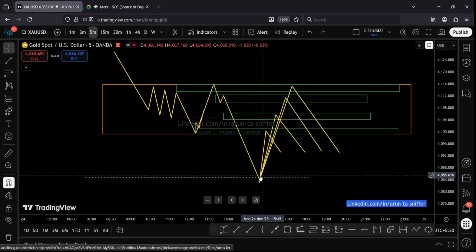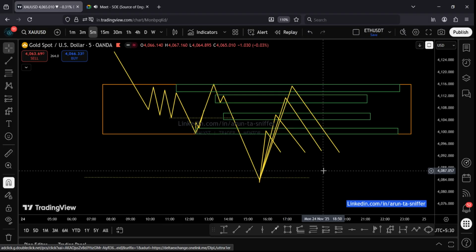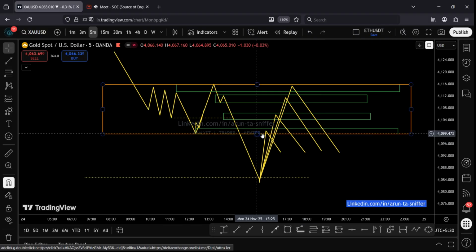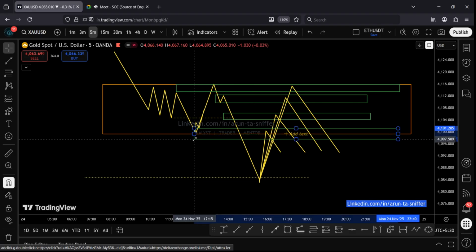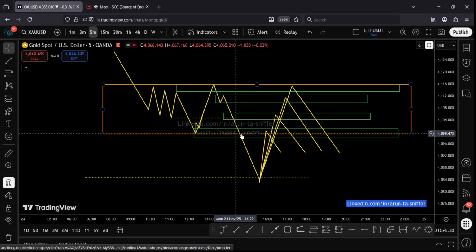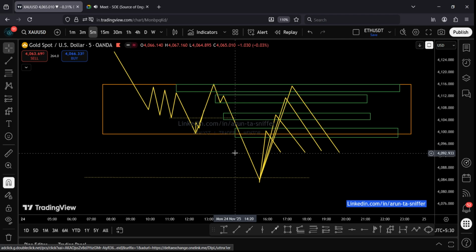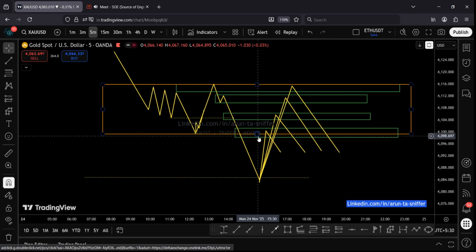So think if we entered here using PA or something else, what will be our safest target? The safest target will be here, the first zone. This can also be like this if there is a king here. So our latest target will be at this or this.